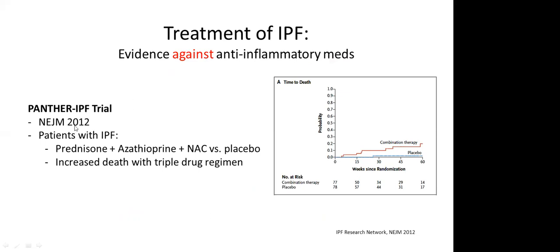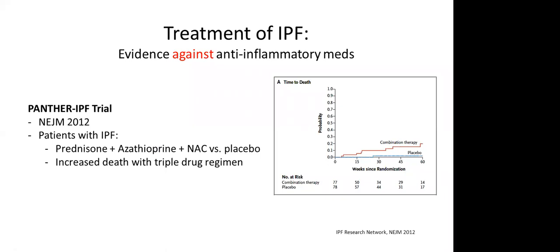There was a trial back in 2012 that really established antifibrotic medications as standard of care for IPF. And it compared them to prednisone plus azathioprine plus NAC. This trial compared prednisone, azathioprine, and NAC versus placebo for IPF. And prednisone and azathioprine are really strong anti-inflammatory meds.